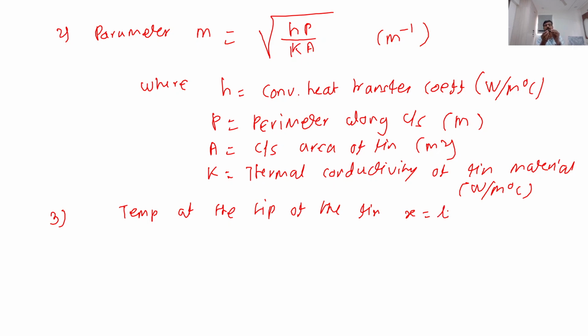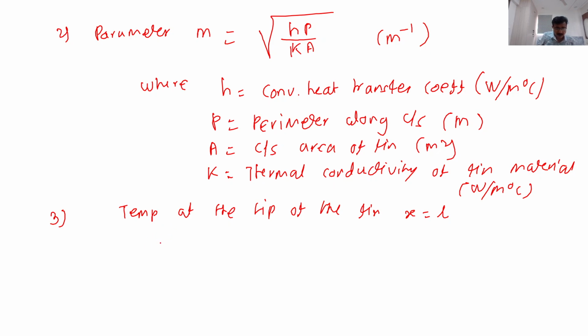For example, treat this pen as a fin and my hand as the base wall, at temperature T0. This is the fin attached to the base wall, and this, my forefinger, is the tip of the fin. At this point the distance x is the base to tip distance, so x is equal to L.